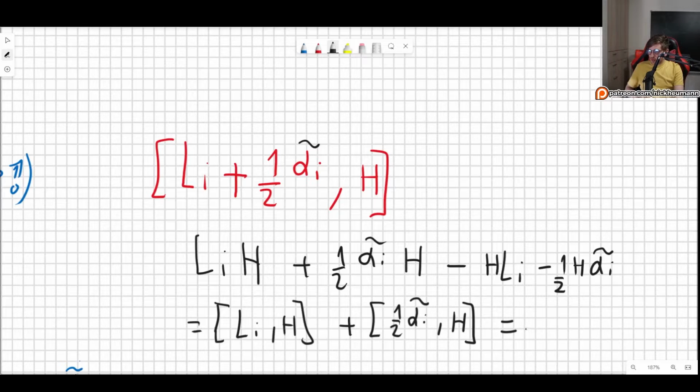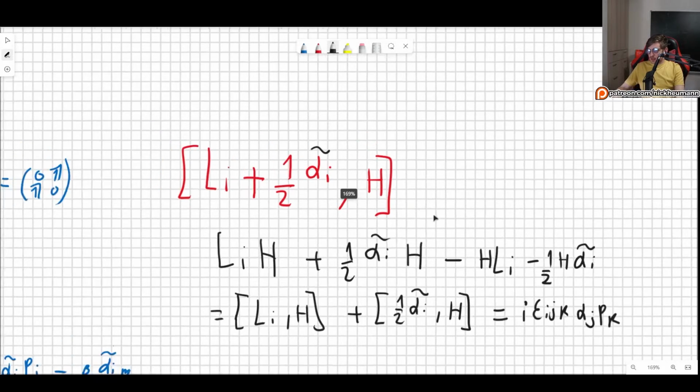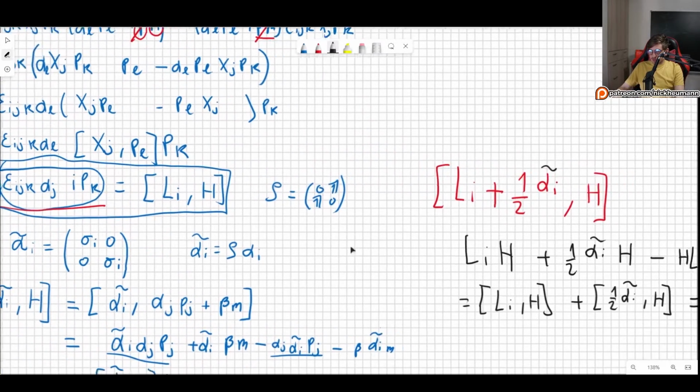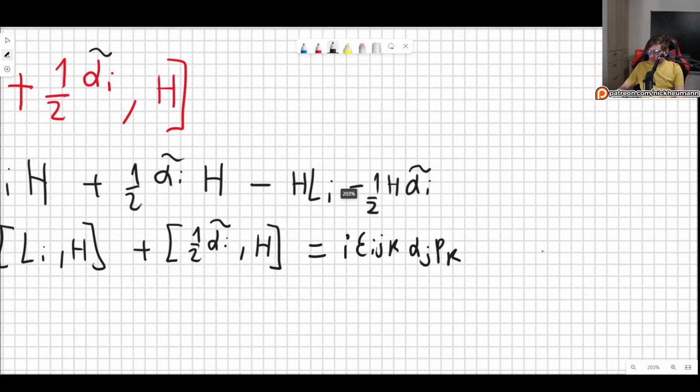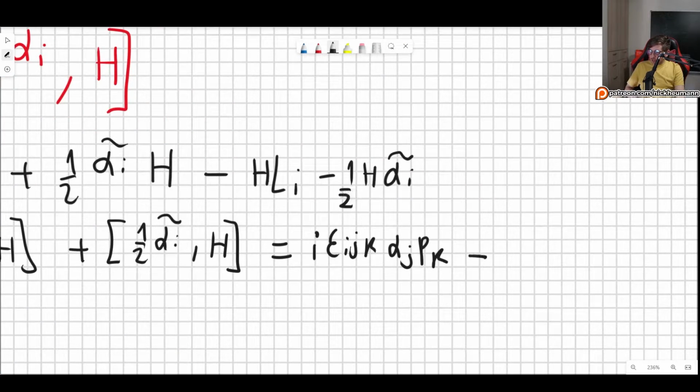And we know that the first one gives us i epsilon I j k alpha j pk. It's not super relevant, but yes, alpha j pk. And then we have minus 1/2 times 2i epsilon I j k alpha j pk.